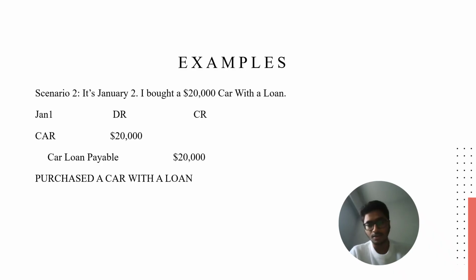The car loan payable is an amount we owe, a liability. If liabilities increase, we need to credit the account, so we credited it. The description is: purchased a car with a loan. So that's all.